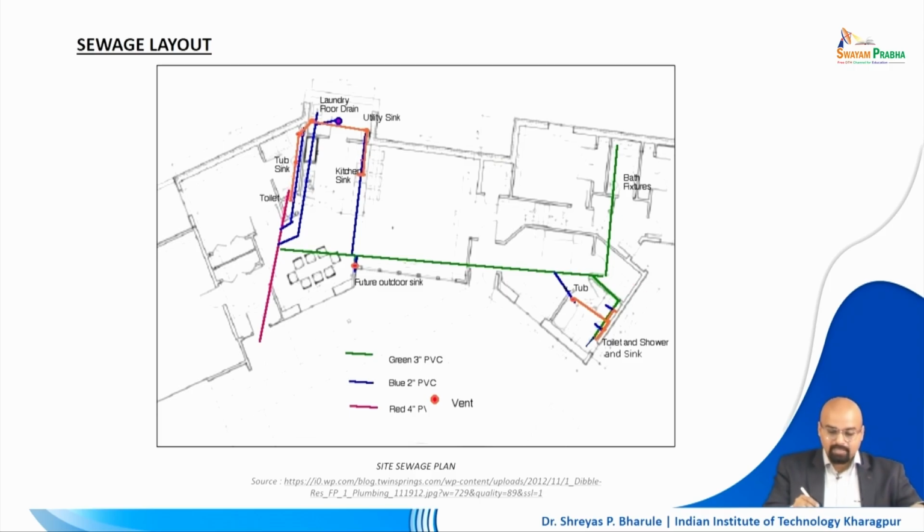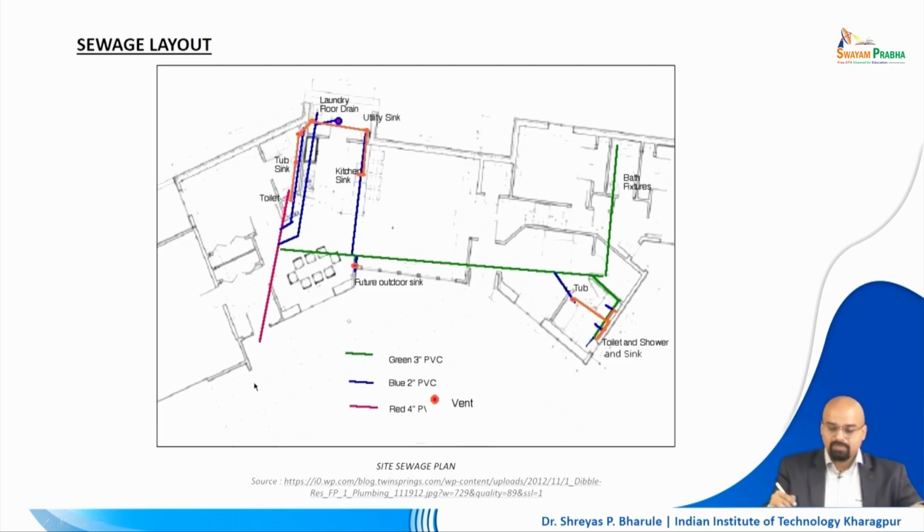In this case, the blue lines are 2-inch PVC pipes. The blue lines take out your laundry drains and tub drains. In the kitchen line as well, you connect all of these drainages together, and then it will be drained to the main red line, which collects the soil drain coming from the toilet, right.